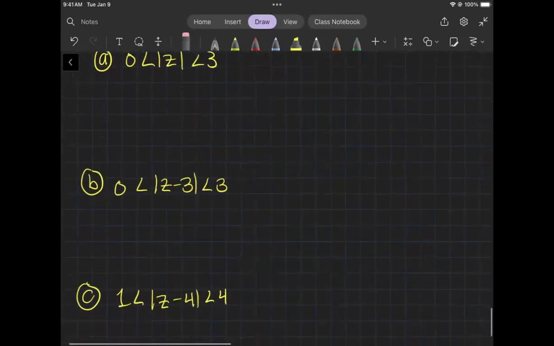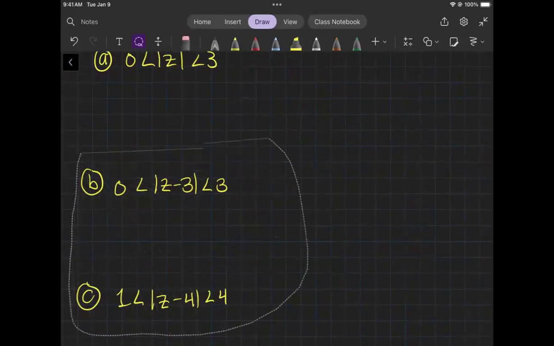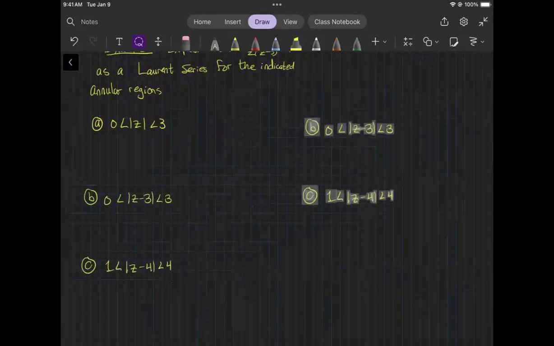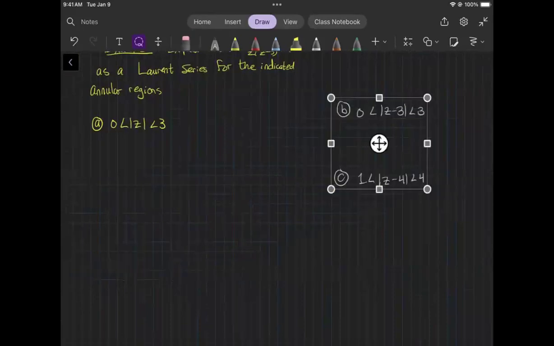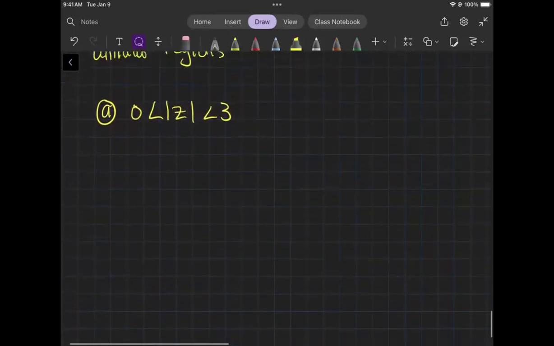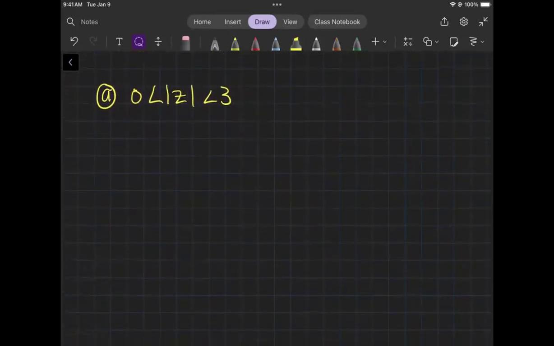So first of all, let me move these out of the way. I'll use these a little bit later. Okay, so we want to look at this first. We have our function f of z equals 1 over z times (z minus 3).